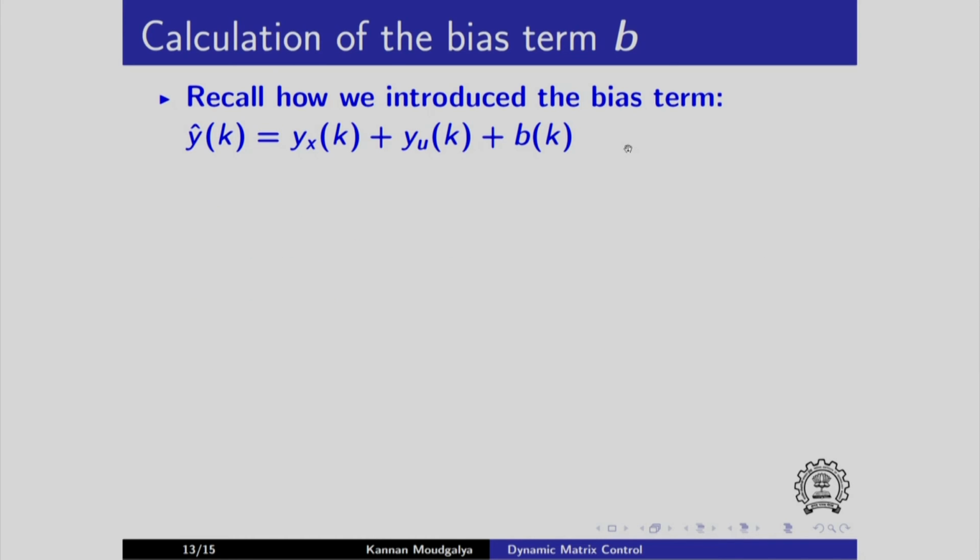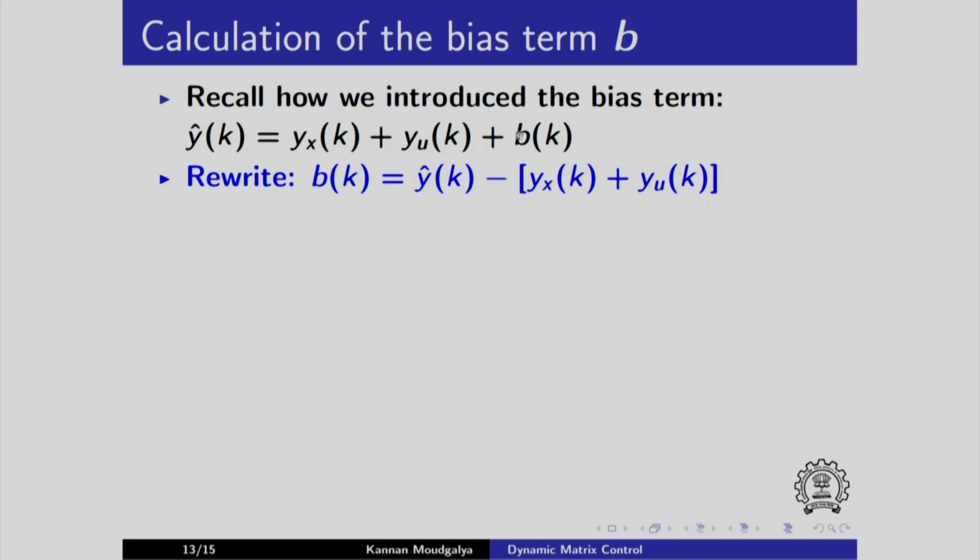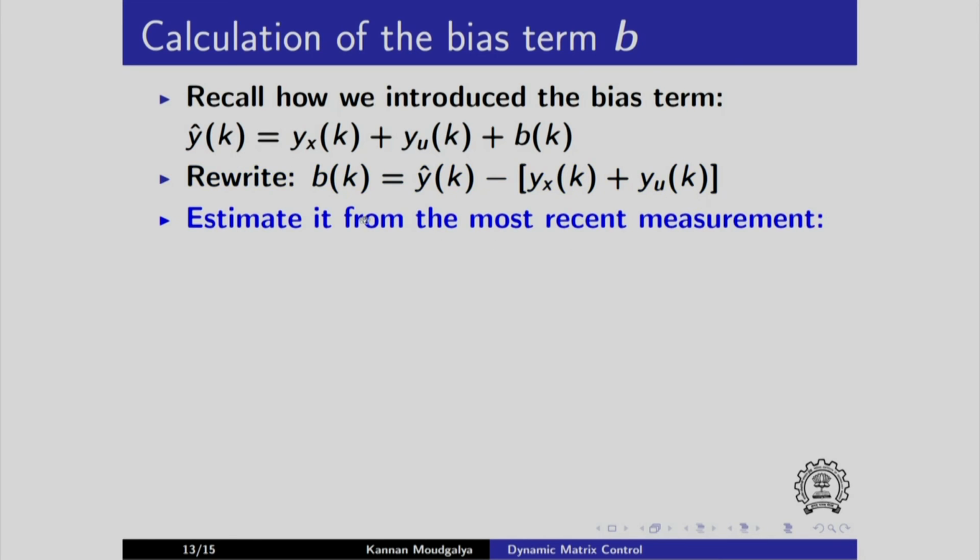Alright, now we will talk about the calculation of the bias term B, which we postponed previously. This is how we introduce the bias term. So, I will write B as y hat k minus this whole thing. Now, we will estimate this B from the most recent measurement.